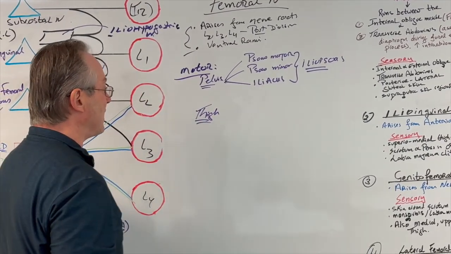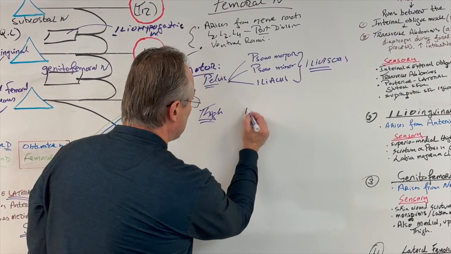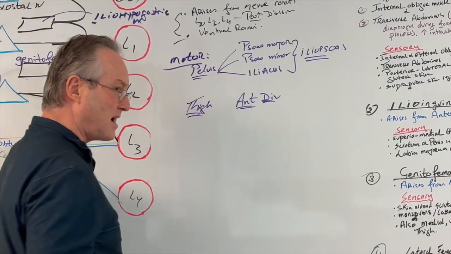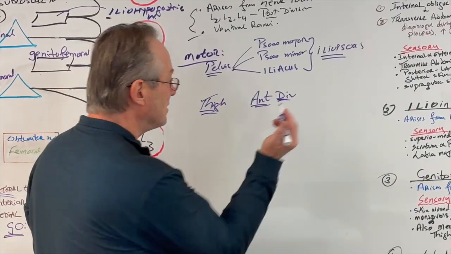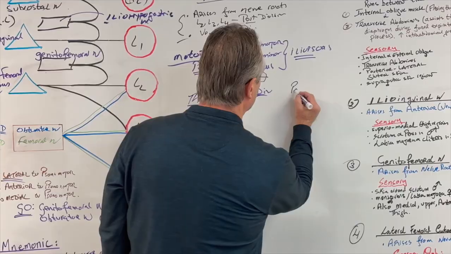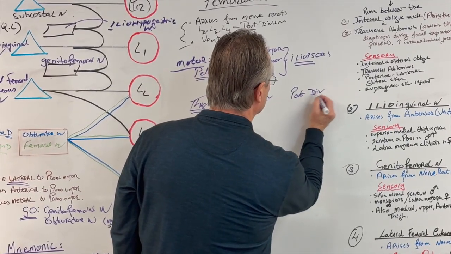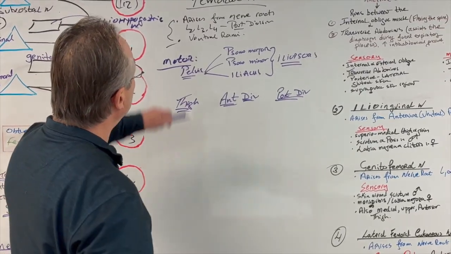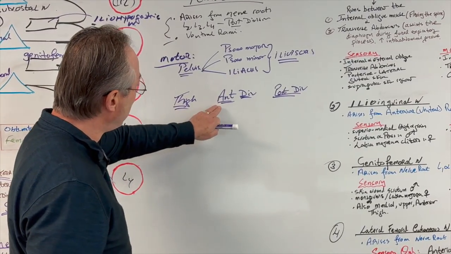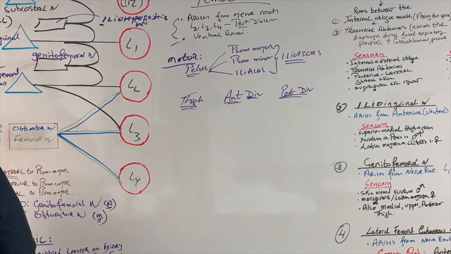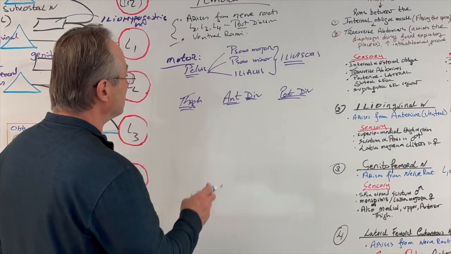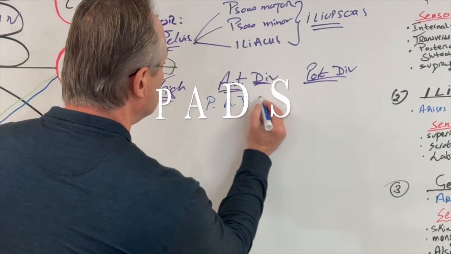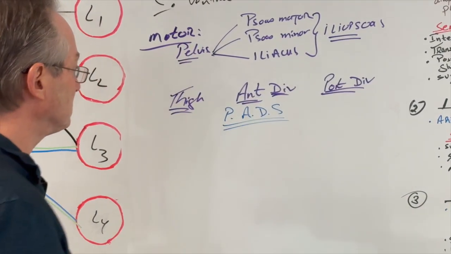What about over the thigh? Well, we have an anterior division. Gets complicated. Anterior, posterior, but it is what it is. Posterior division. And so the femoral nerve over the anterior portion, we're going to use a little mnemonic, P-A-D-S, PADS.